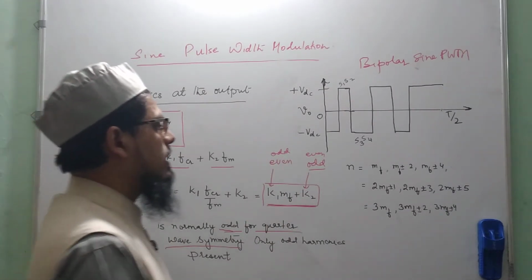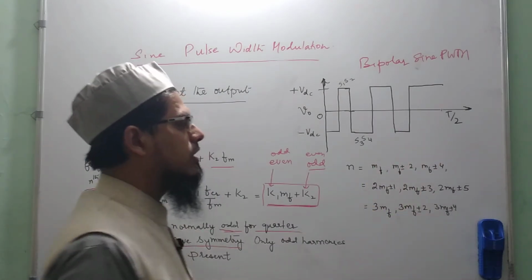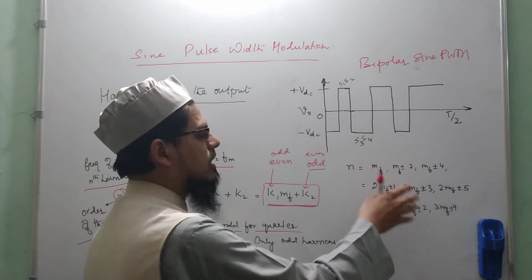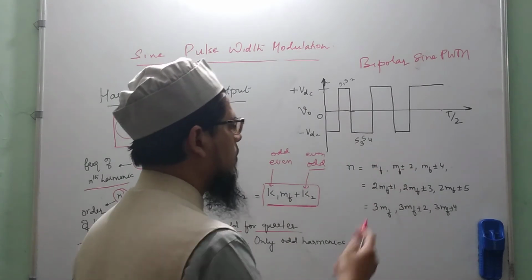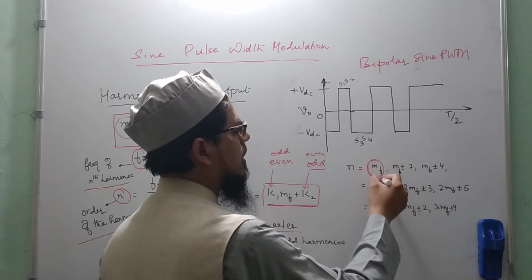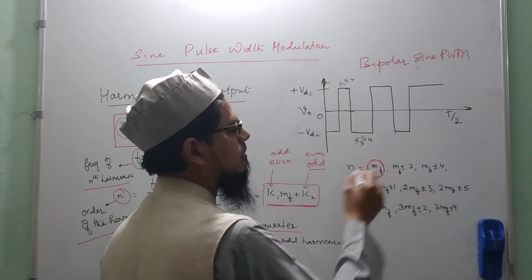Let me write down the various values of the harmonic frequencies that are present in the output voltage waveform. This is the harmonic occurring at MF.